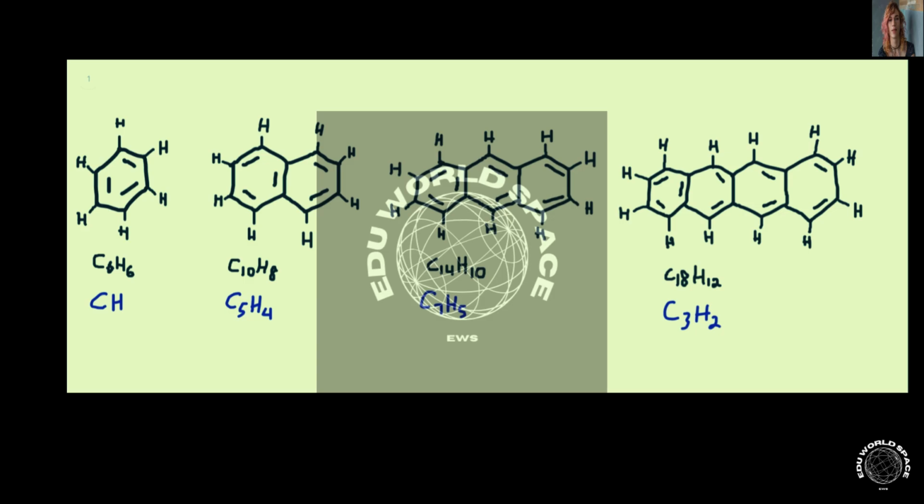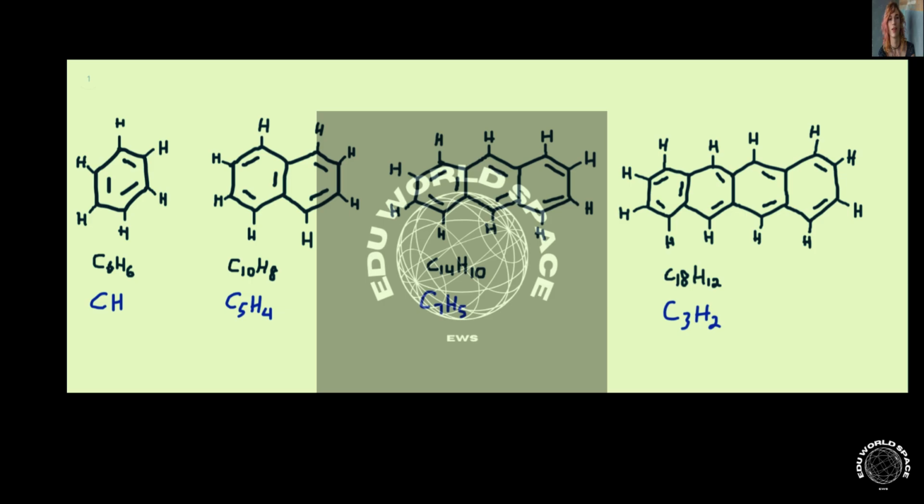Now, for B, suppose you were given a sample of one of the compounds. Could combustion analysis be used to determine unambiguously which of the three it is? Well, yes. Let's say we're given one of these samples. We burn it in oxygen, and it gives us a certain amount of energy. The amount of energy given off is going to depend on which sample we have.